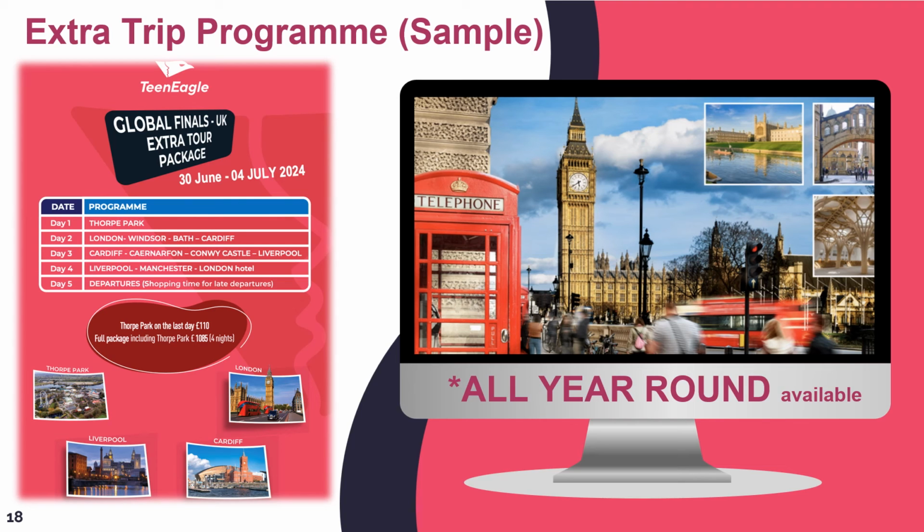But there are a lot of really interesting events. You can travel to different cities. There is potential for a trip to an amusement park, a lot of shopping, a lot of fun stuff. So if you're interested in staying longer than the Global Finals week, this is for you.